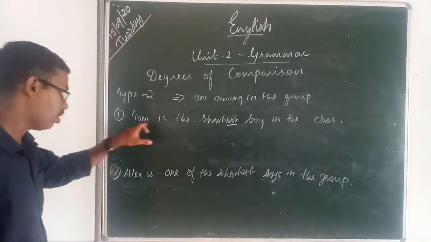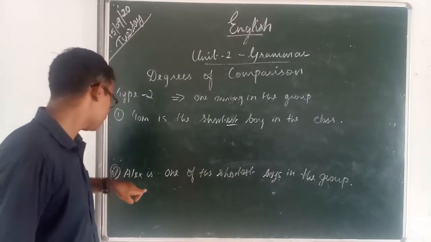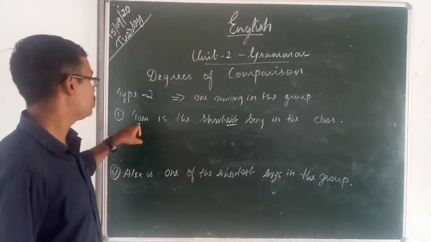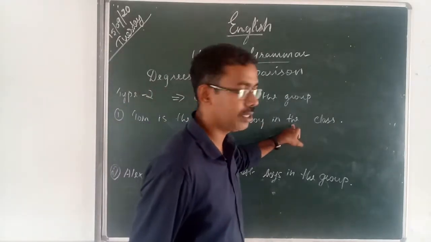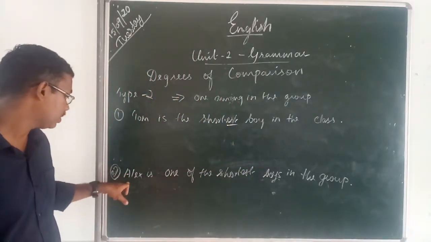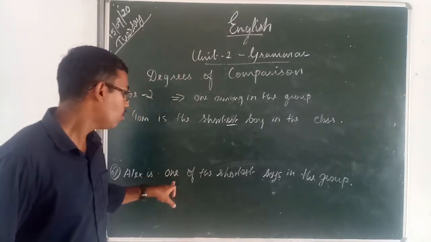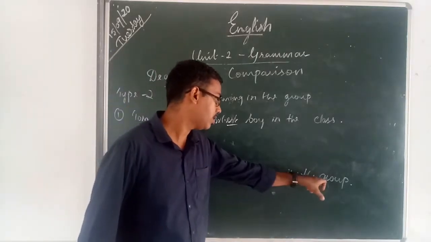The first type, Tom is the shortest. See the difference between the first sentence and the second sentence. First sentence, Tom is the shortest boy in the group. The second sentence, the second type: Alex is one of the shortest boys in the group.